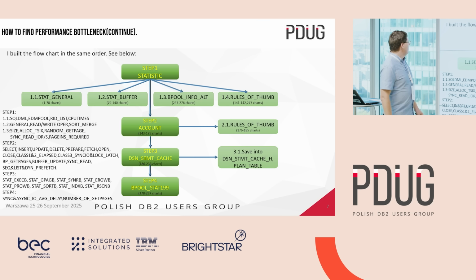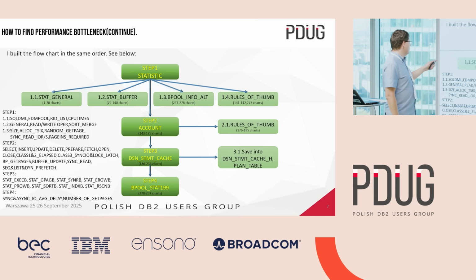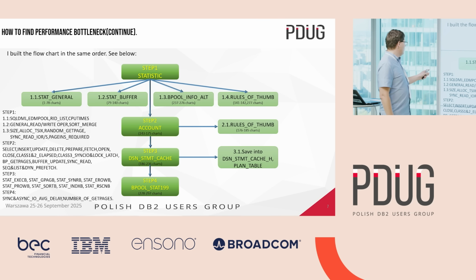This is the general schema. First, step one: I use a bunch of charts, a group of charts, statistic general, which include SQL DML charts, RID pool charts, read list, CPU times. Second, stat buffer also includes 60 different charts, like general information, read write operations, sort merge.